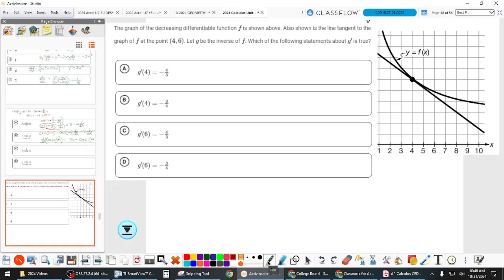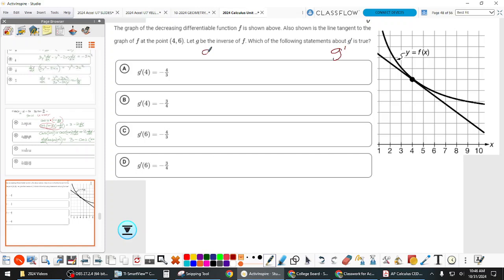All right, the graph of a decreasing differentiable function f is shown. Also shown is the line tangent to the graph at the point (4, 6). So this is an inverse one. Let G be the inverse of f. Which of the following statements about G prime is true?